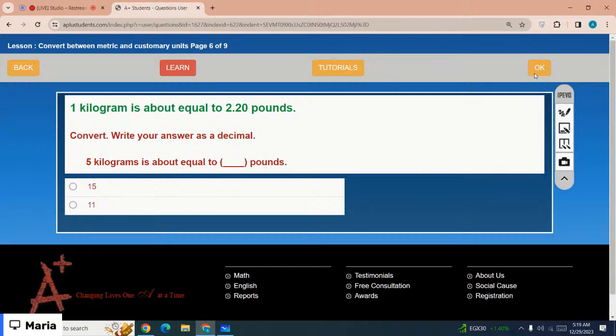Is that 15 pounds, right? No, that is 11. 5 times 2.20, hold on, is 11. So the correct option is 11 pounds.